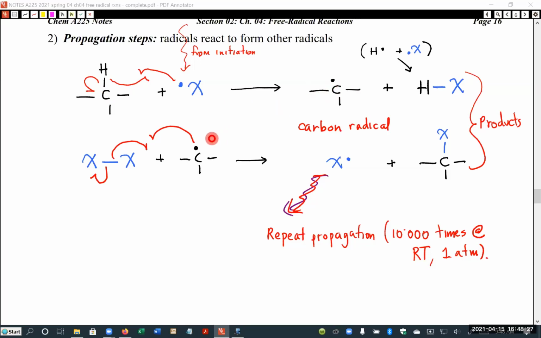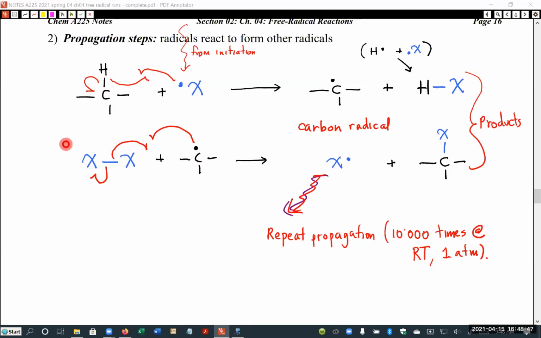So that carbon radical is floating around. It's going to look around and it's going to find another molecule that it can pull electrons out of. Now, it could pull electrons out of another CH bond, but all that would do is create a CH here and a radical there and so forth.